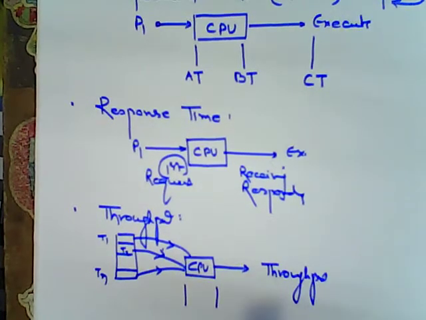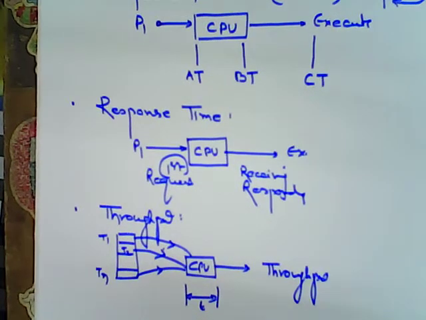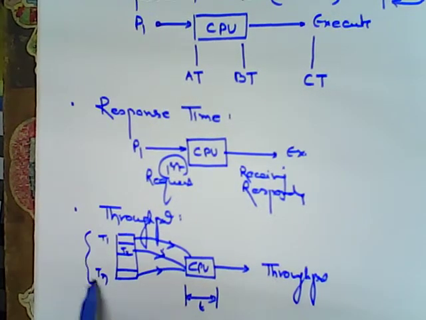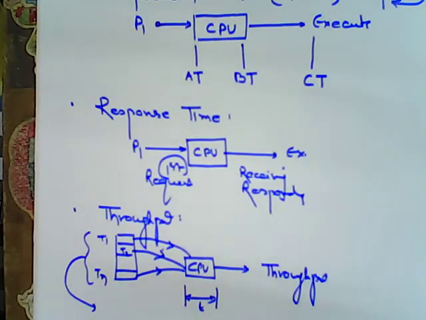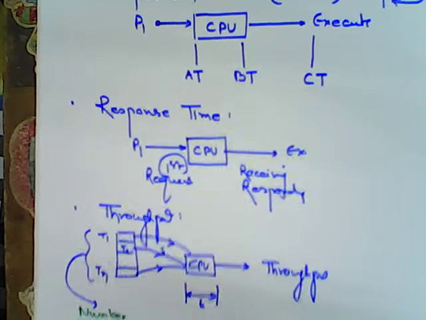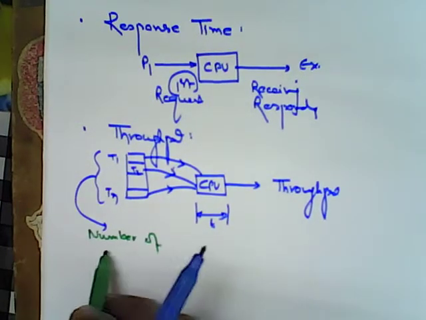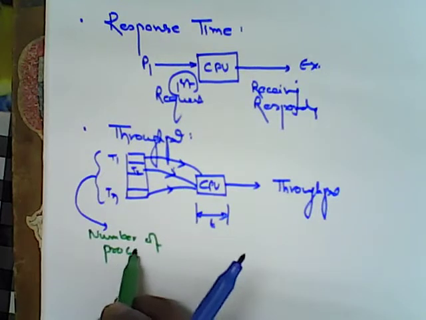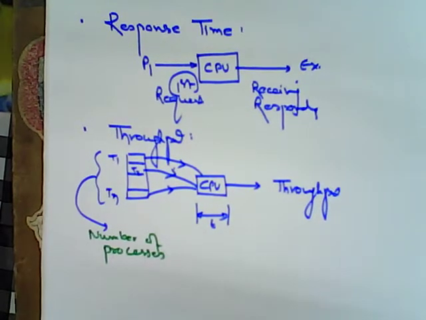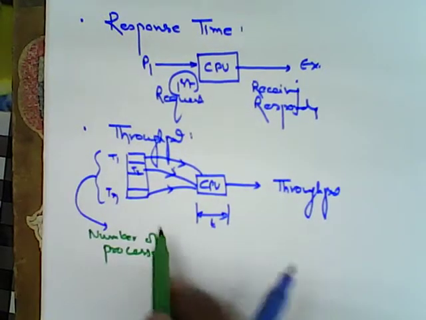Or in short, I can put it as the number of processes in a given system executed in a given time t.